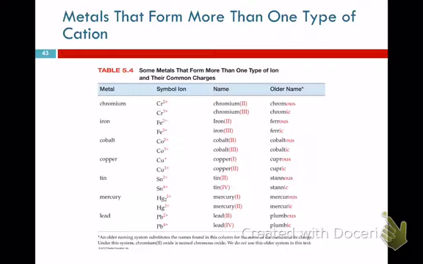Sulfur, right? So what does it become? It becomes sulfide. Okay? Get rid of those last 2 letters and go sulfide. So the name for this is just barium sulfide.